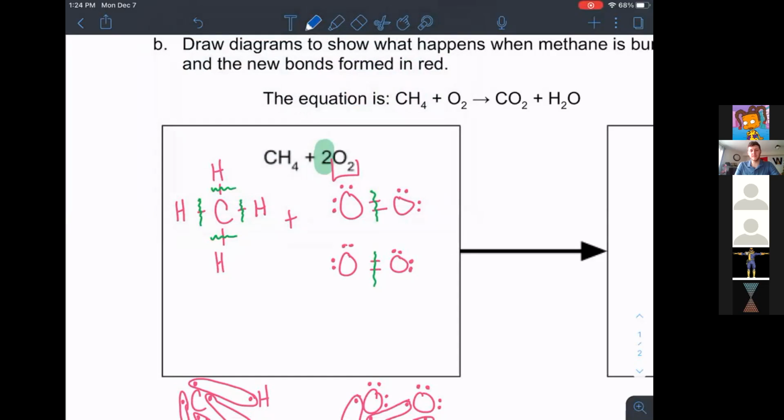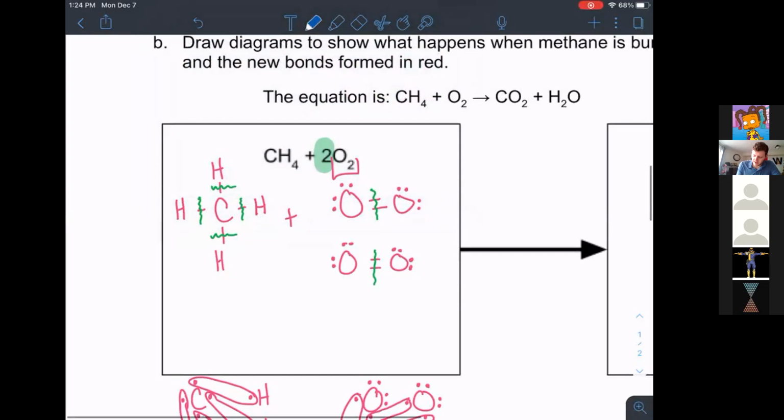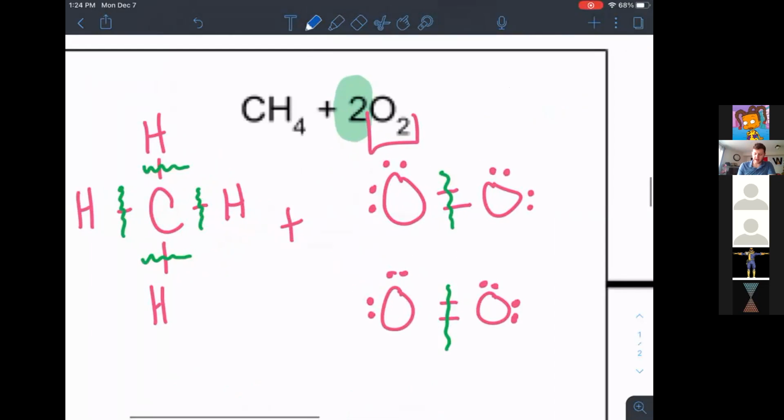I'm going to do that in blue. And if we look, we have CO2 and we have H2O. So I'm going to form my CO2. My carbon is going to form a bond with 1 oxygen, and it's going to form another bond with a second oxygen. I'm going to use dotted lines to show that it's forming a bond between each of those oxygens.